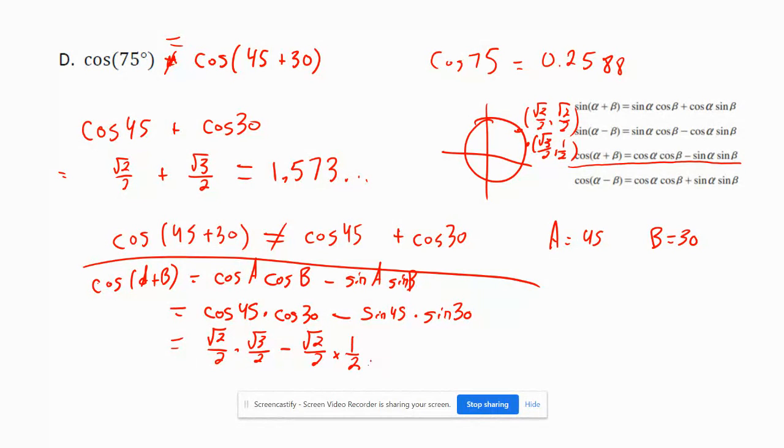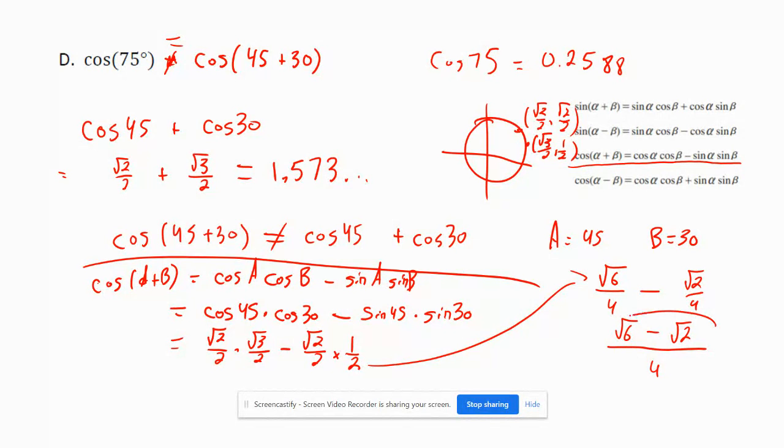times 1 half. So root 2 over 2 times root 3 over 2 is square root of 6 over 4, minus root 2 over 4. Subtracting these two fractions, we already have a common denominator of 4, and we get root 6 minus root 2 over 4. I'm going to do them in the calculator to confirm this decimal is the same as the other one.